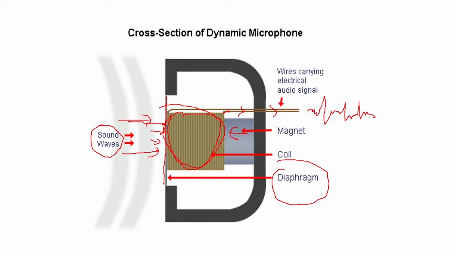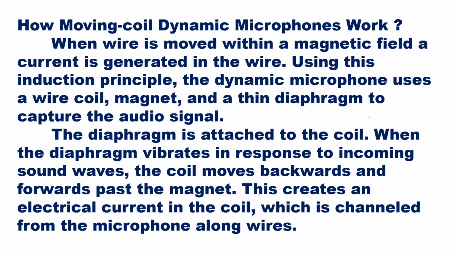So this type of principle used in a microphone is called a dynamic microphone, or it is also called a moving coil microphone. If you see the theory of how moving coil dynamic microphones work, when a wire is moved within a magnetic field, a current is generated in the wire. Using this induction principle, the dynamic microphone uses a wire coil, magnet, and a thin diaphragm to capture the audio signal.